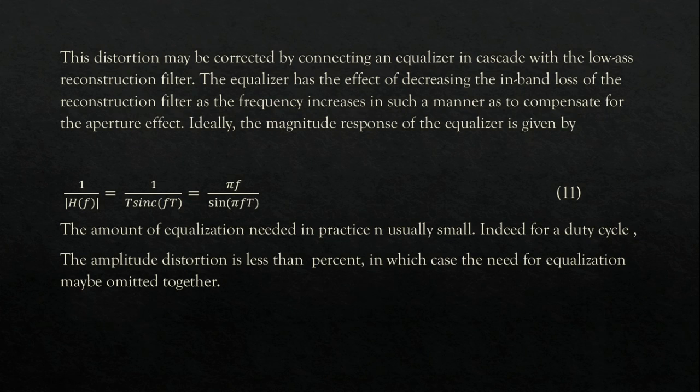Ideally, the magnitude response of the equalizer is given by 1 by modulus of capital H of f, which is equal to 1 by T sinc f T, which is equal to pi f divided by sin pi f T. Let's take it as equation number 11. The amount of equalization needed in practice is usually small. Indeed, for a duty cycle T by Ts less than or equal to 0.1, the amplitude distortion is less than 0.1%, in which case the need for equalization may be omitted altogether.